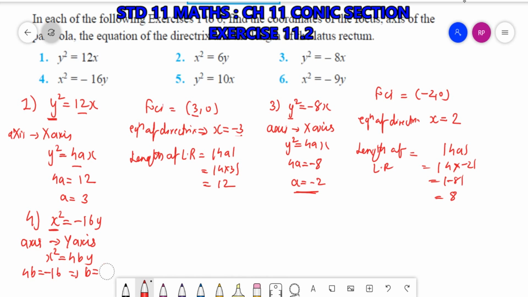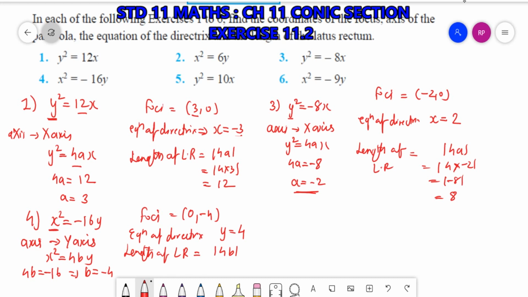Focus: as it is the y-axis, the focus will be (0, b), so (0, minus 4). Equation of directrix: y equal to minus b, so minus of minus 4, plus 4. And length of latus rectum, modulus of 4b, modulus of 4 into minus 4, modulus of minus 16, so that will be equal to 16. Clear? So this was about the fourth one.